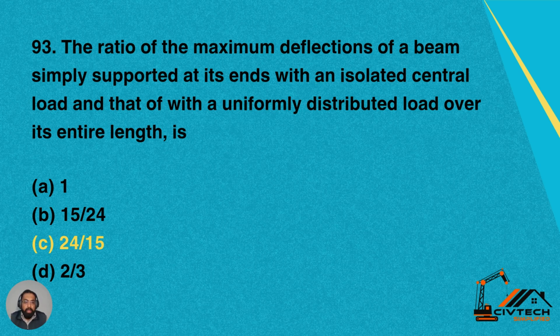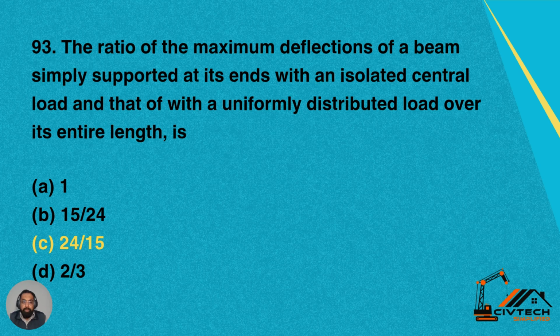93. The ratio of maximum deflections of a simply supported beam at its ends with an isolated central load and that of with a uniformly distributed load over its entire length is.